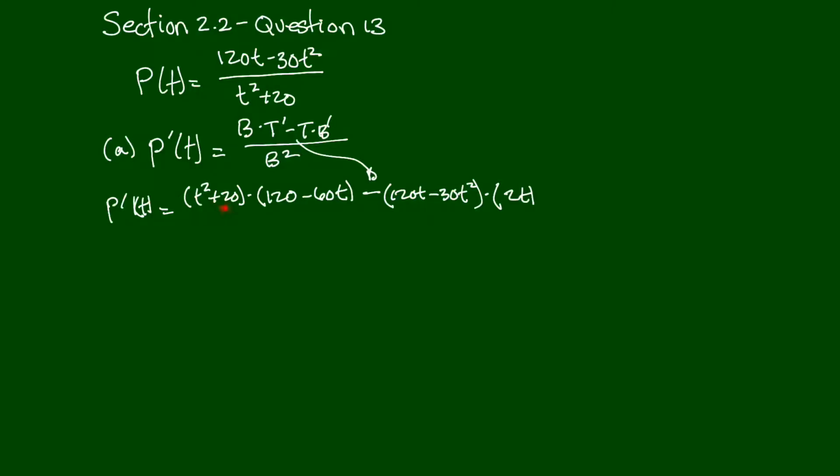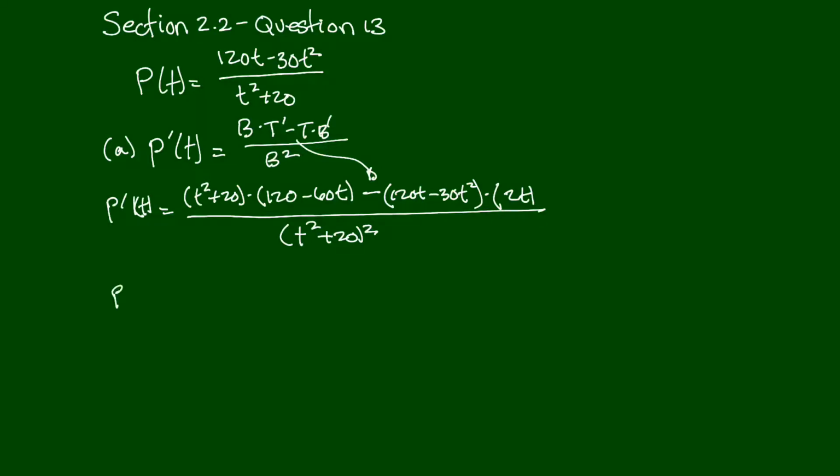So we've got the bottom times the derivative of the top minus the top times the derivative of the bottom, which is just that 2t, all over the bottom squared. So we're going to have t squared plus 20 squared. There's our calculus part. We'll clean it up with some algebra.